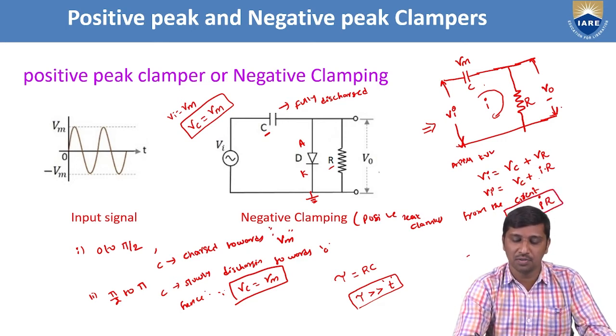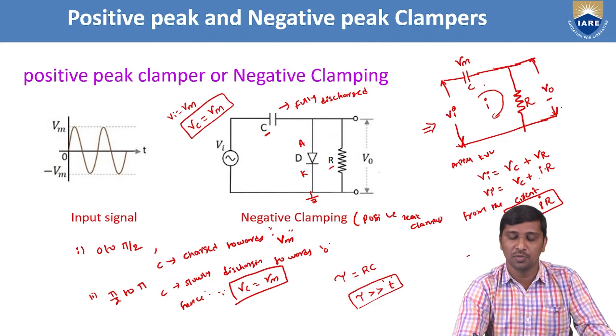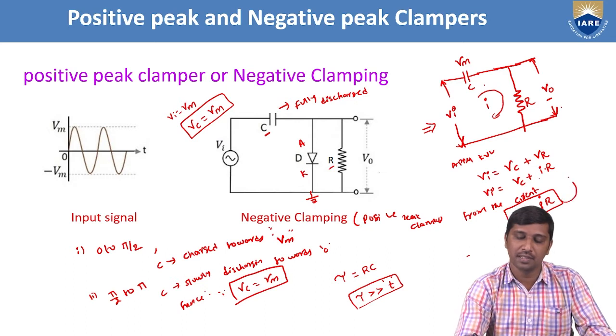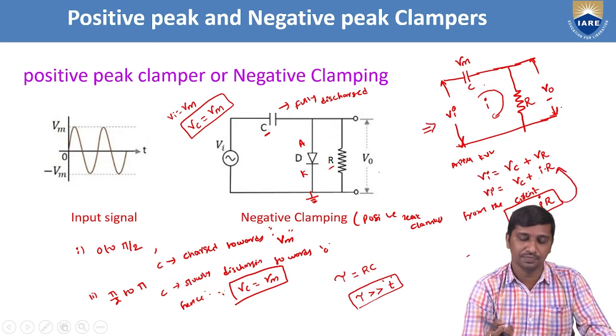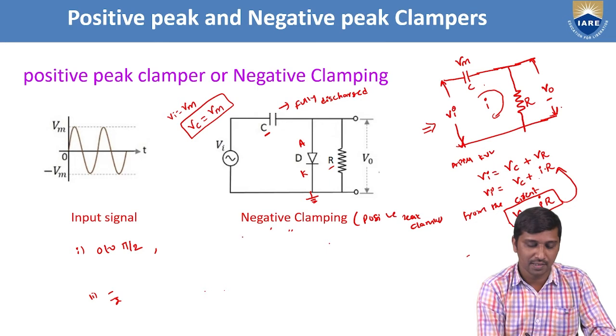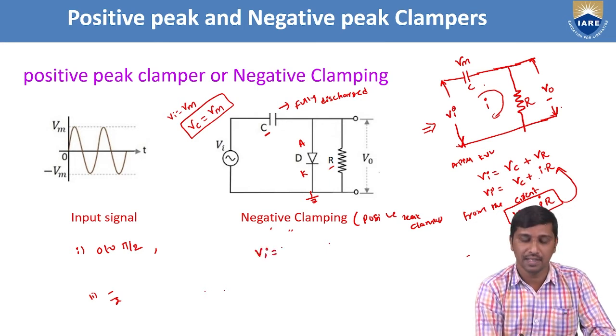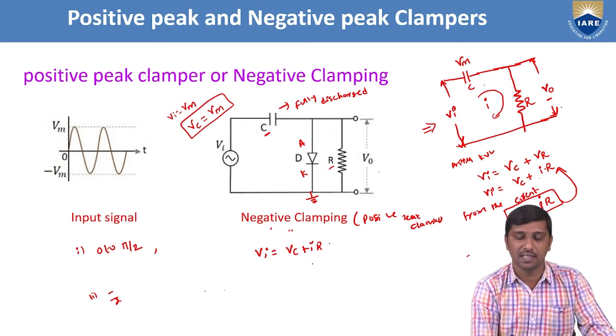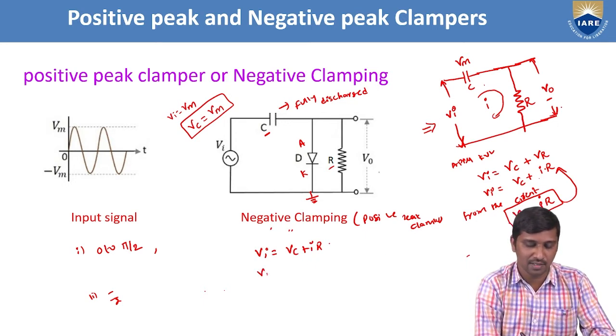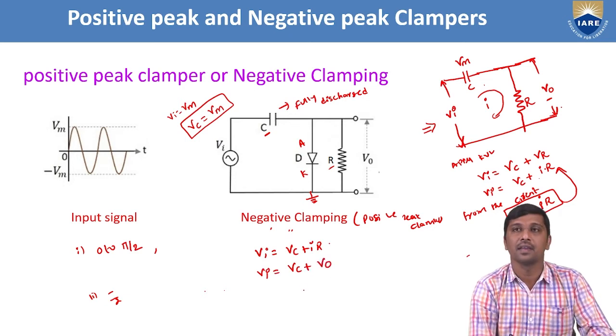Hence, from the circuit, we observe that the output voltage is the product of current and resistance. Now I'm going to substitute this in the relation. Vi is represented as Vc plus IR. Now this IR is replaced with V0, so Vi is equal to Vc plus V0.